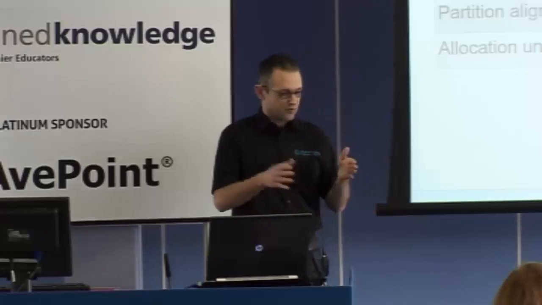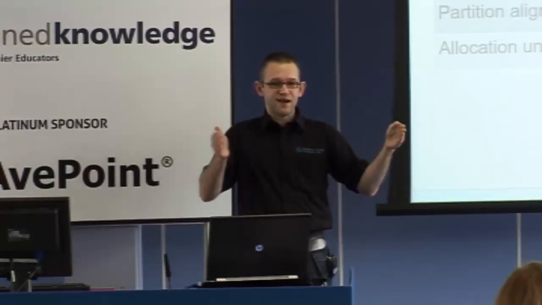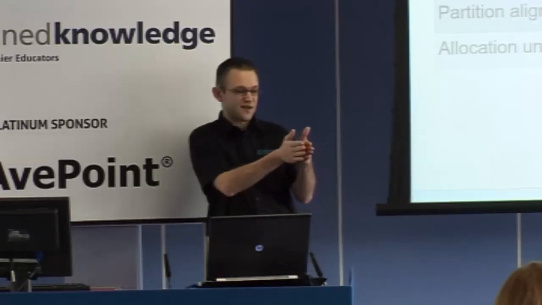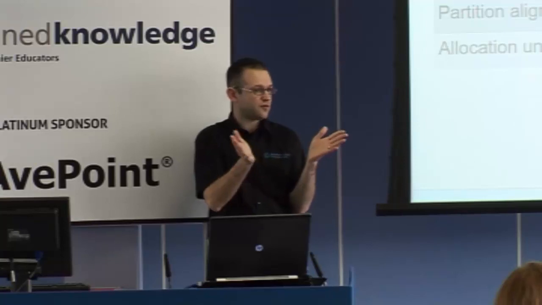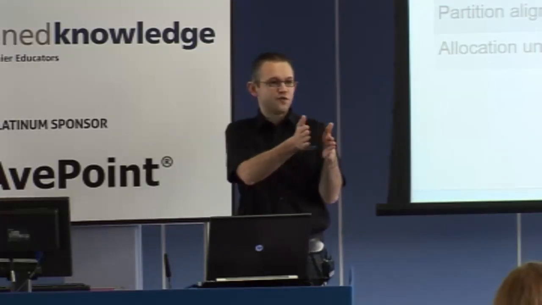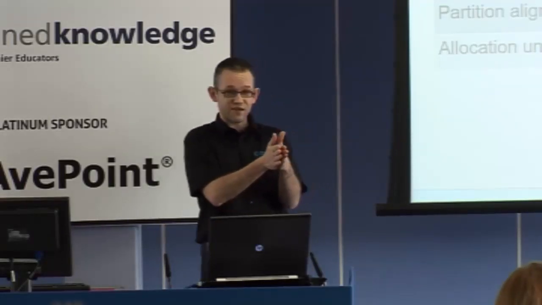That means you have your physical disk, and then there is a partition within that disk, and it starts at a certain offset. Before Windows Server 2008, it was 32K, because we had to save space. So your partition started at 32K after the disk.